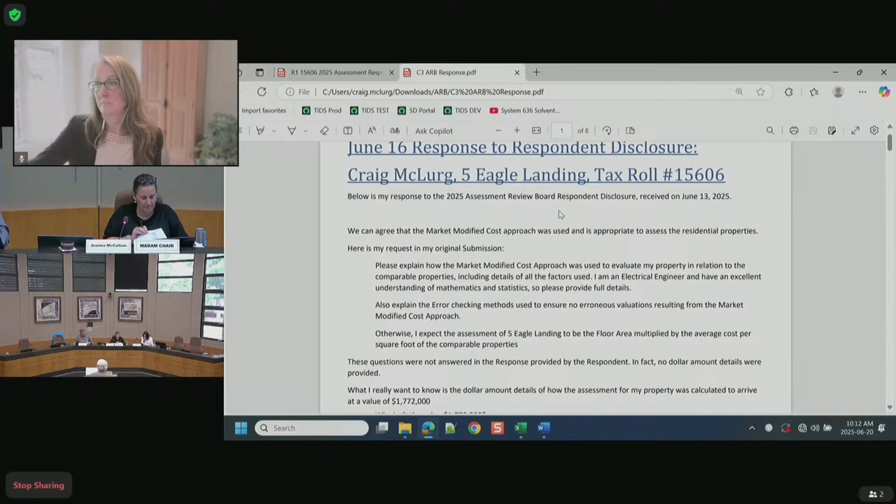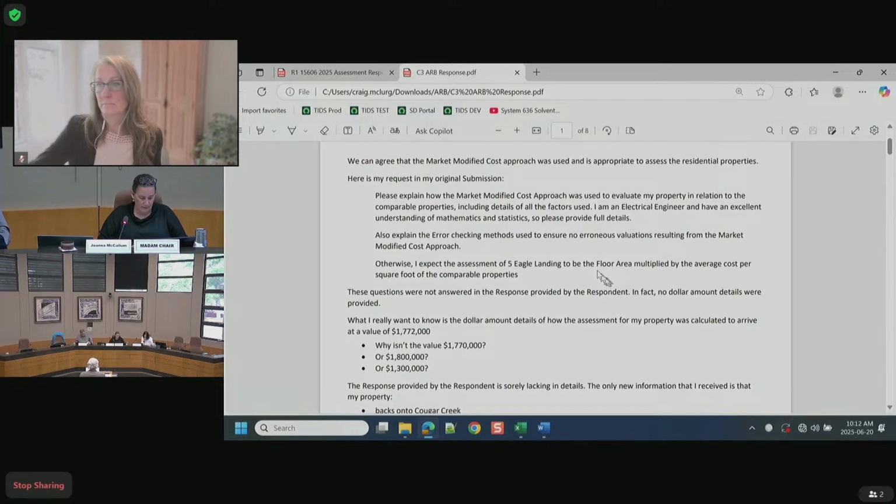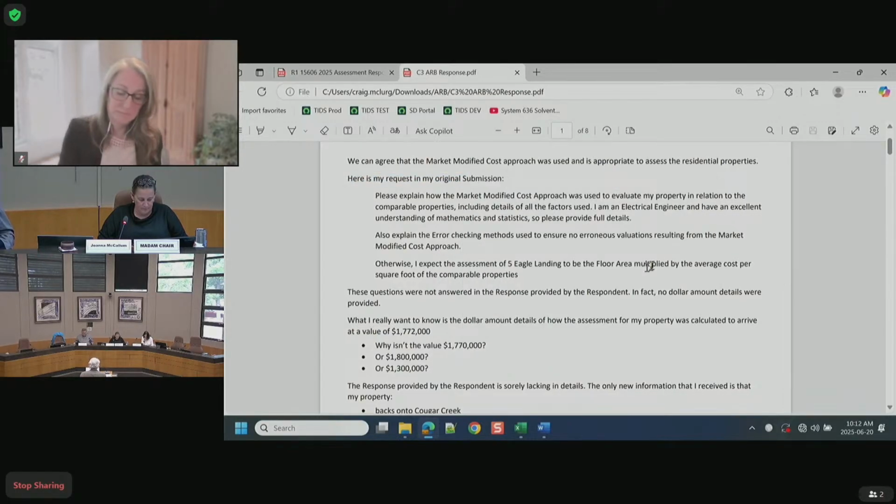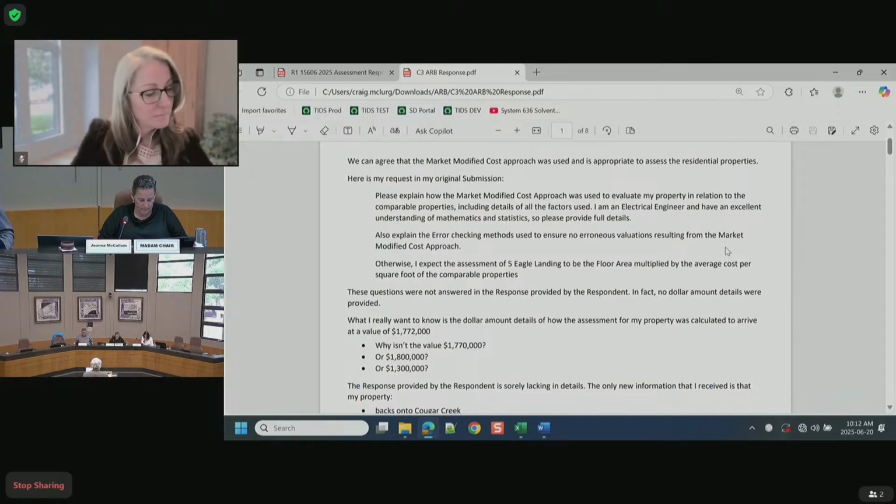In my original submission, this was the request: Please explain how the modified market cost approach was used to evaluate my property in relation to the comparable properties, including details of the factors used. And you can get into the details of mathematics and statistics, and also explain the error checking methods used across this method, which could result from the market modified cost approach.